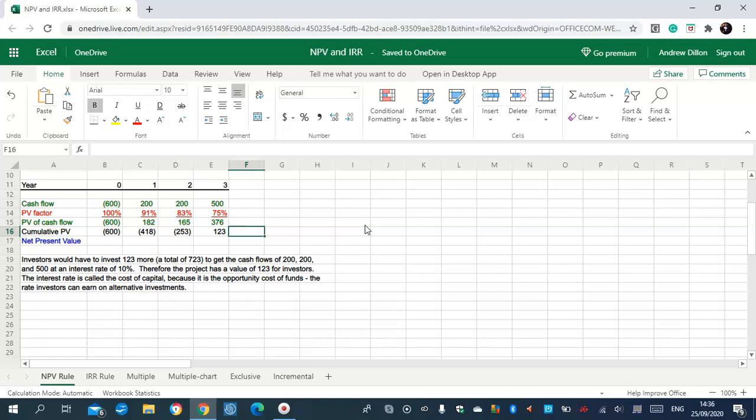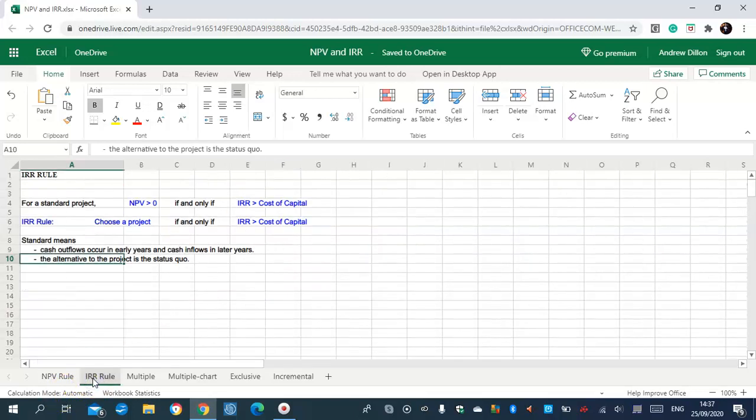Therefore, the project has a value of 123 for investors. The interest rate is called the cost of capital because it is the opportunity cost of funds, the rate investors can earn on alternative investments.